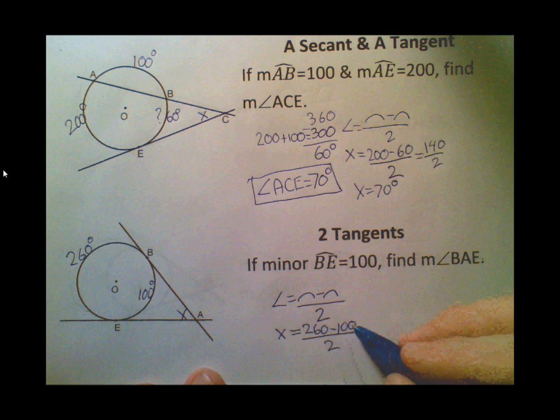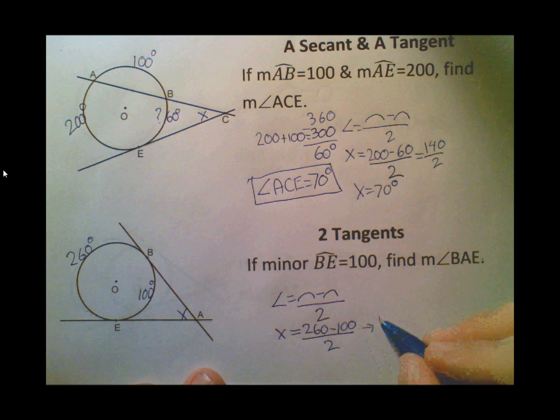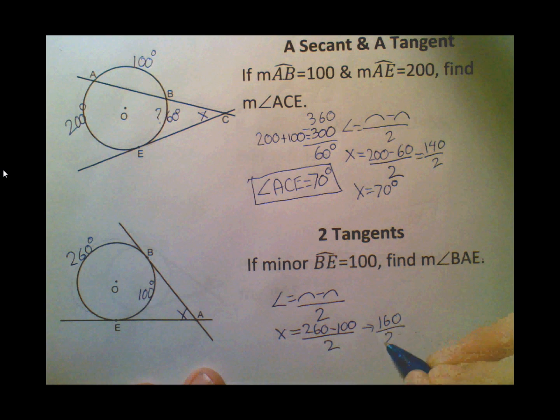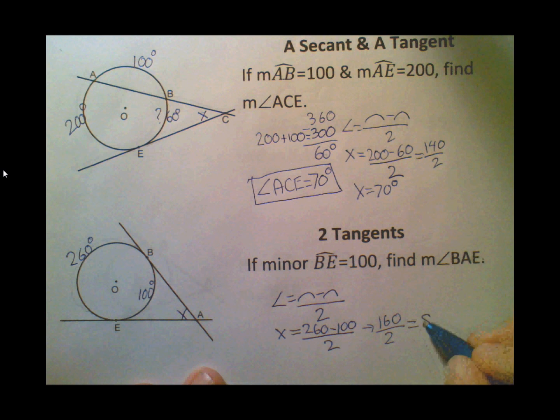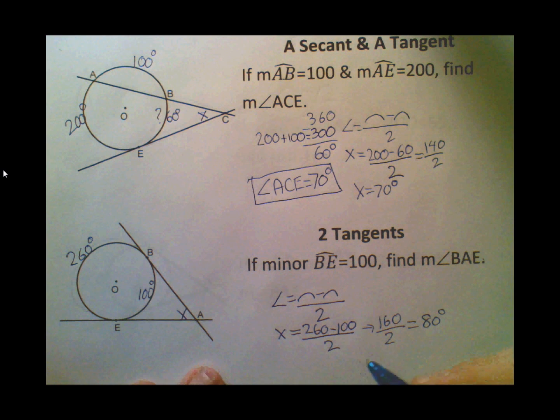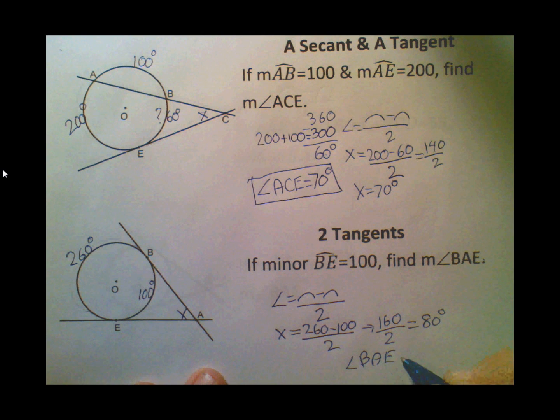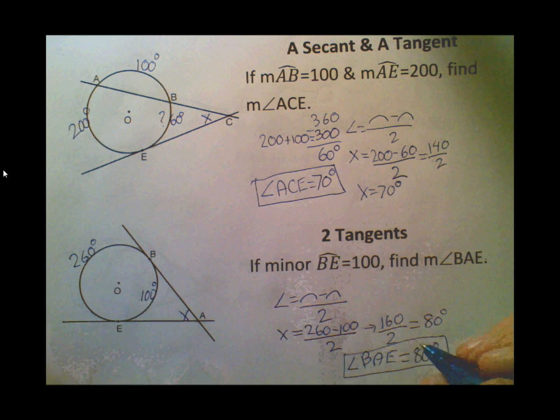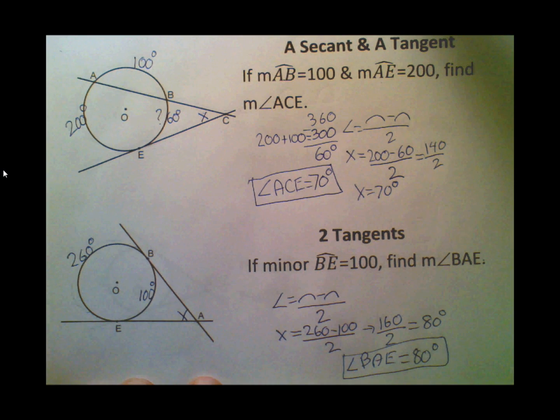And then I get 160 divided by 2. And that gives me 80 degrees. Okay. So, therefore, I know that the angle BAE, and I'm sorry it's getting a little dark, is equal to 80 degrees.